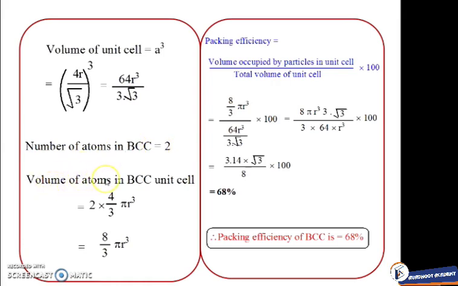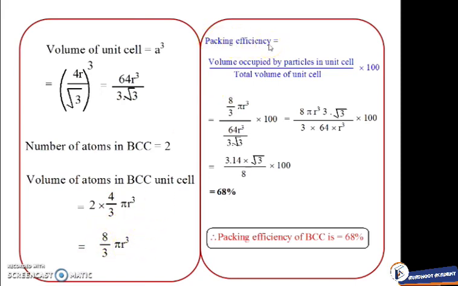Now the volume of 2 atoms present in the body centered unit cell is equal to 2 into 4 by 3 pi r cube. This is the volume of 1 atom. This is equal to 8 by 3 pi r cube. So this is the volume of 2 atoms present in the body centered unit cell.